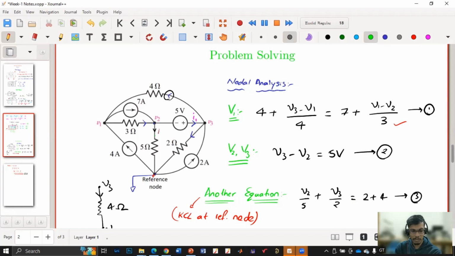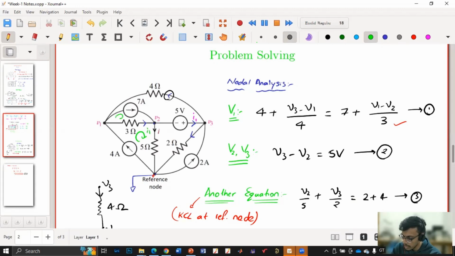Say in this mesh, consider V1, V2, ground. In this mesh I am considering clockwise current, but I cannot apply mesh analysis here because I do not know the voltage across this, but I'll directly get the current. Say this current is I1. I'll directly get current I1 to be 4.